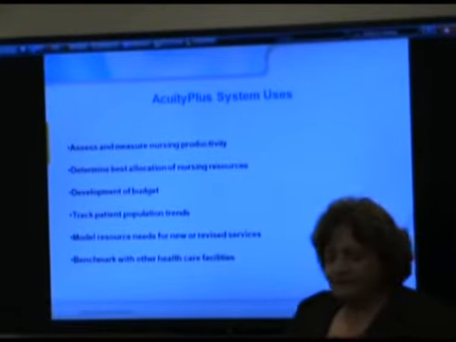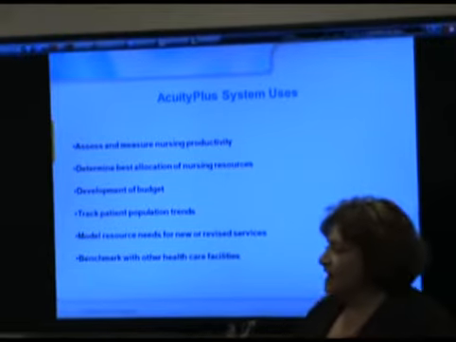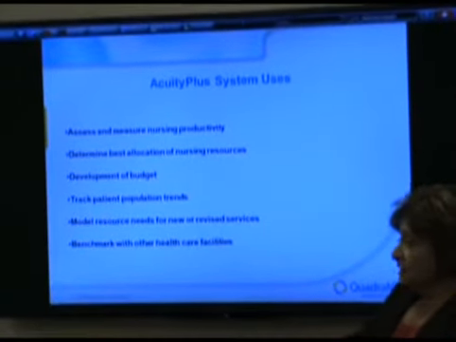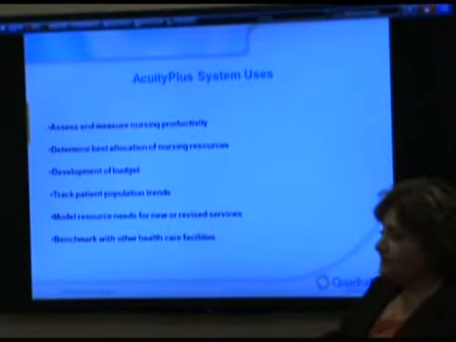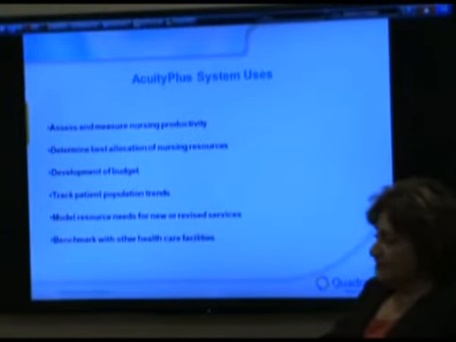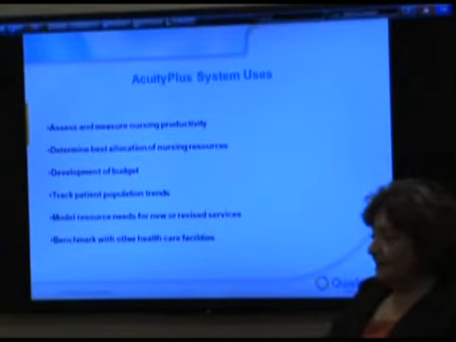I don't know if on your med-surg unit you have some higher need level patients, like a PCU, progressive care unit. Do you have progressive care patients there? In your med-surg unit? What do you mean by progressive care?